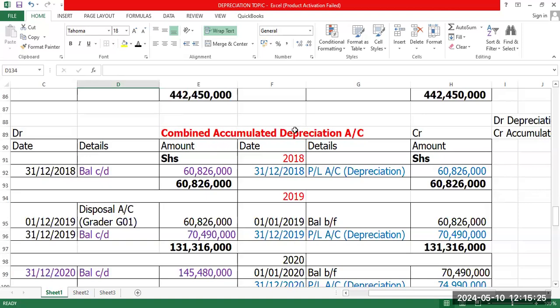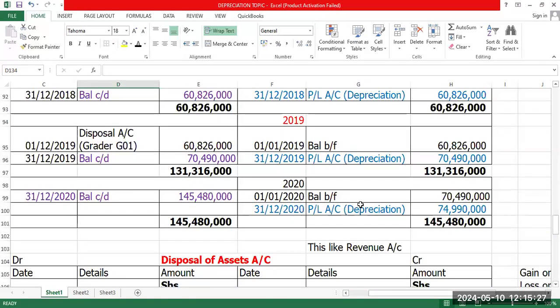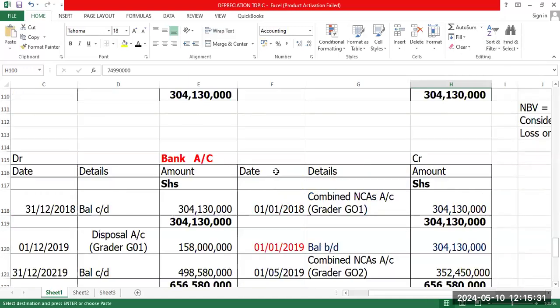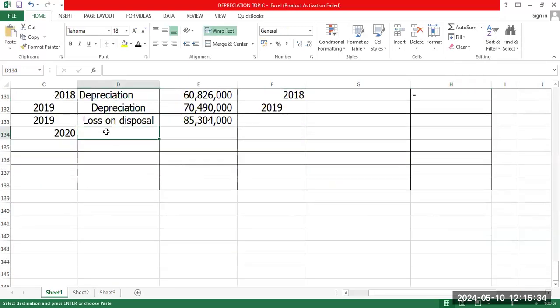Come back to your combined accumulated depreciation. 2020, it is this one. Then you write it here.